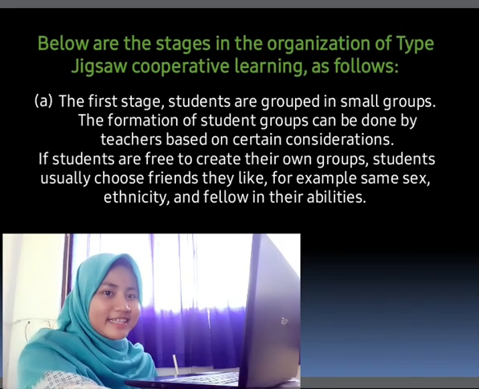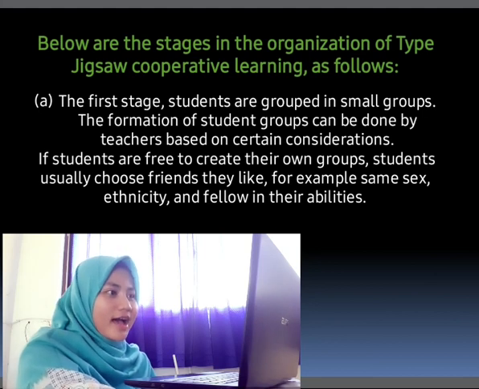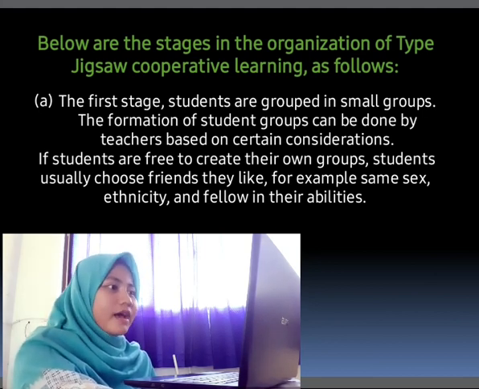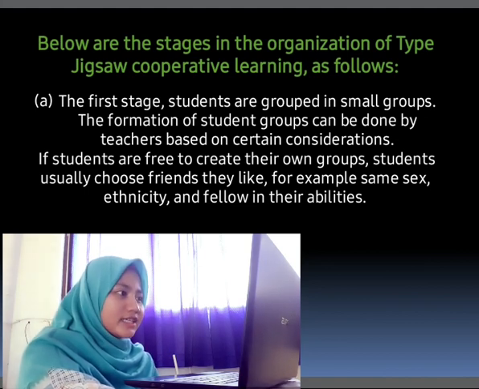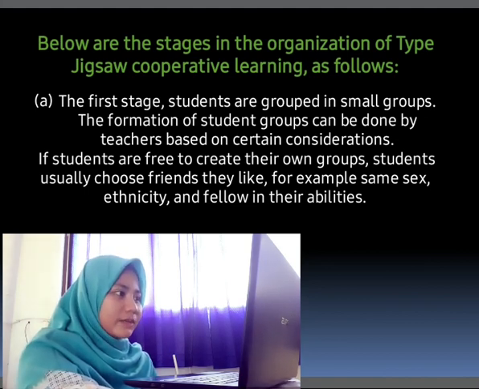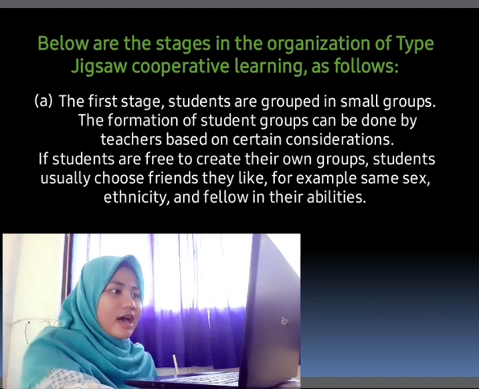Okay friends, now still continue with me. Now I will explain about the 4 stages in the organization of type jigsaw cooperative learning. Here, these are the 4 stages in the organization. For the first is students are grouped in small groups.